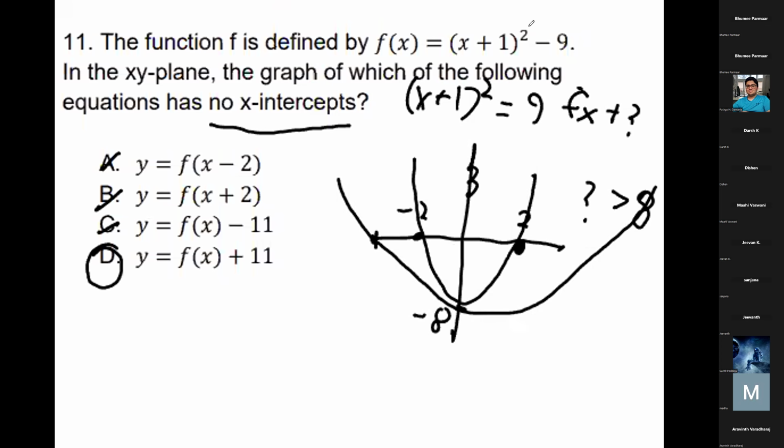So the intercepts don't even matter. It was just to see which way the graph is going. Is the parabola facing upwards or downwards? That was the main reason.